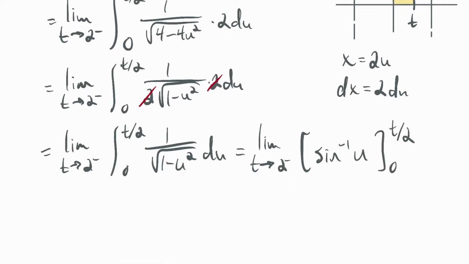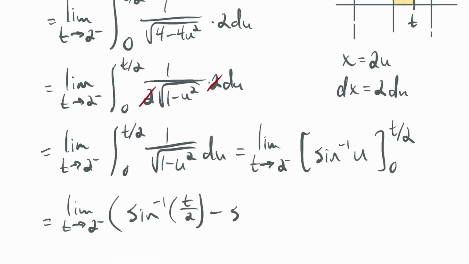Okay, so then this is going to be the limit as t goes to 2 from the left of sine inverse of t over 2, or 1/2 t if you want, minus sine inverse of 0, which of course is 0.